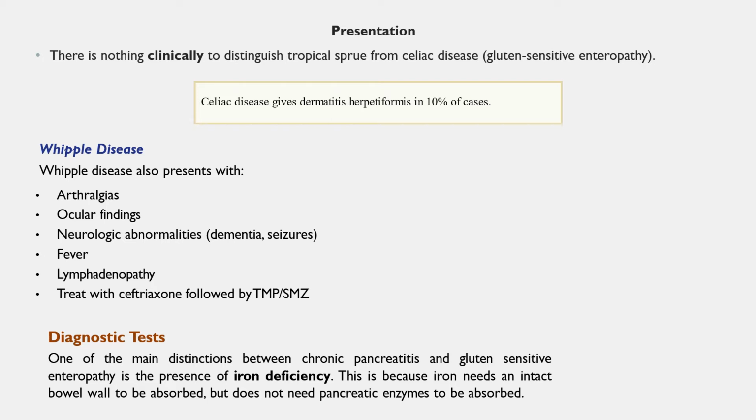Let's talk about Whipple disease. Whipple disease frequently presents with arthralgias, ocular findings, neurological abnormalities like dementia and seizures, fever, and lymphadenopathy, and needs to be treated with ceftriaxone followed by trimethoprim-sulfamethoxazole.